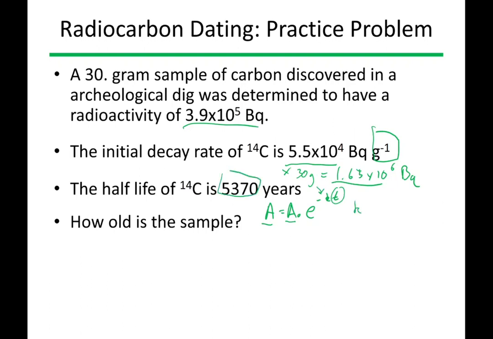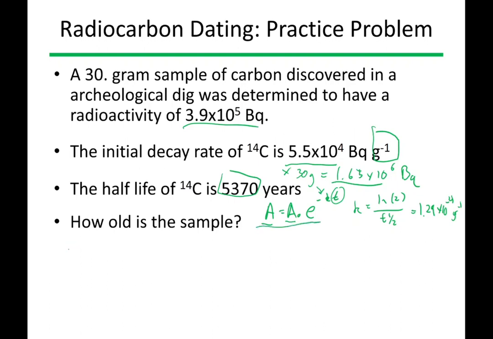So k is going to be equal to the natural log of 2 divided by t1/2 for our first order reaction. This is going to be equal to 1.29 times 10 to the negative fourth, and that's in years to the minus 1. And so now we can solve this equation and start plugging some things in.